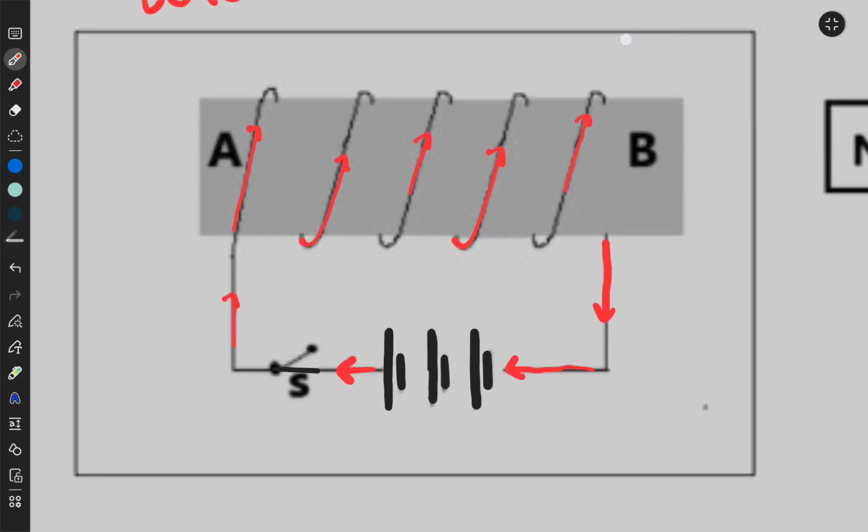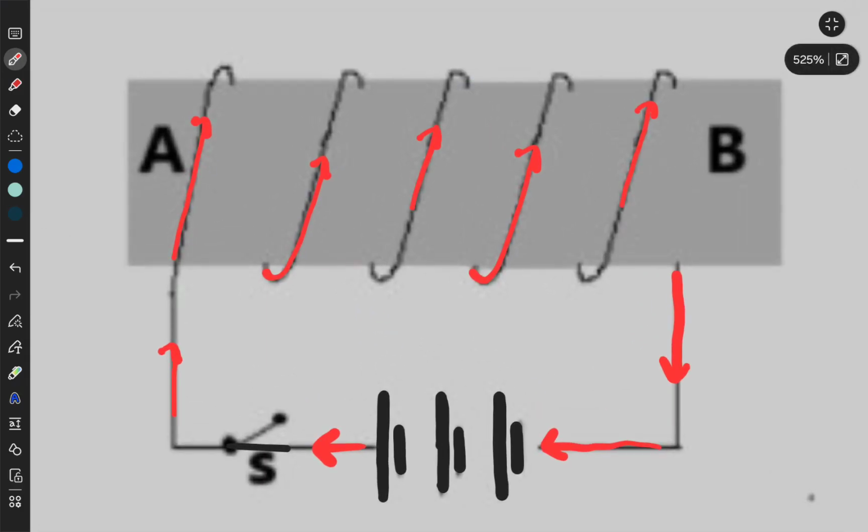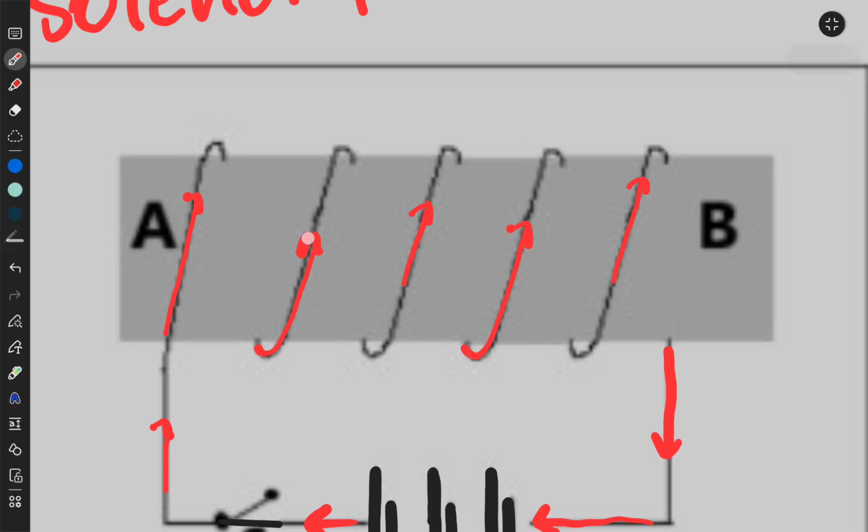So in this case, we have that. So the right-hand rule, usually we would be given either the direction of the magnetic field, magnetic flux, or we would be given the direction of the current, and we have to find the direction of the magnetic field. So in this case, we have the current. Remember this one that we drew here.